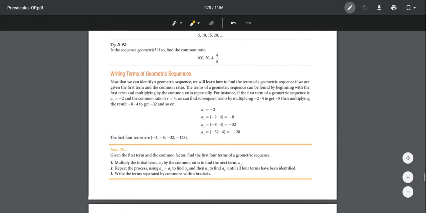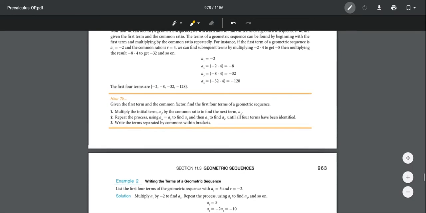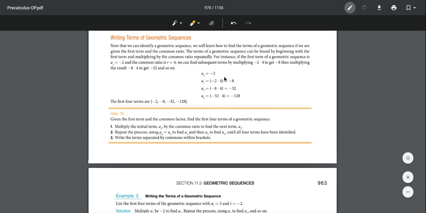So anyway, continuing on. If we want the recursive definition, we can look at it this way, where it's the first term, say our common ratio was 4. First term times 4 gives us a second term times 4 gives us a third term.